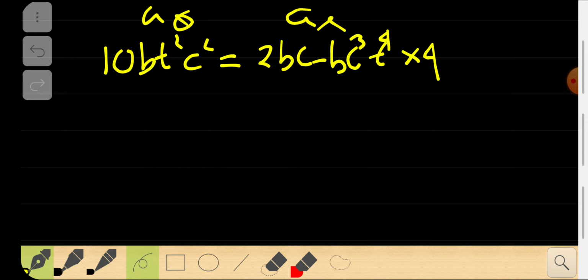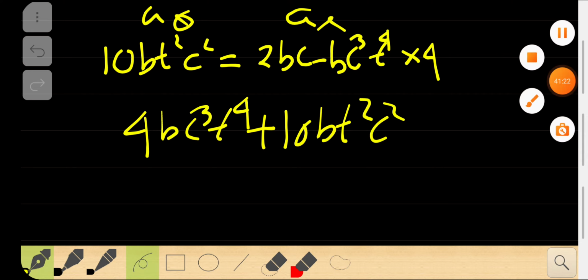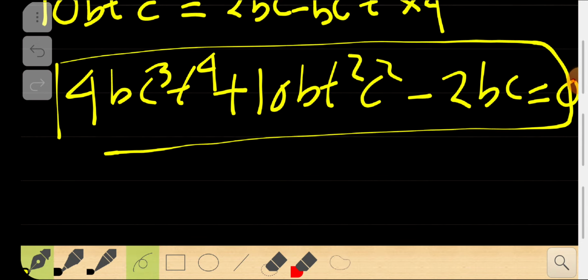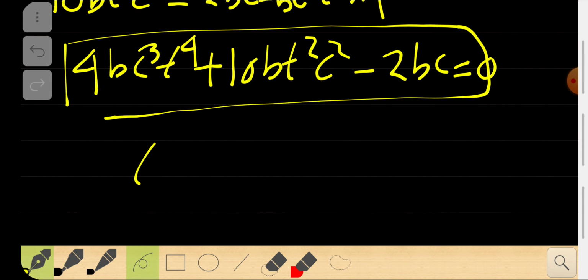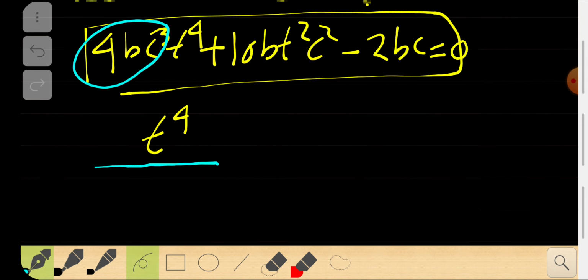You can rearrange this equation in a simpler way, and you can write 4bc cube t raised to 4 plus 10b t square c square minus 2bc will be equal to 0. I just rearranged that, and now I can simplify this by dividing the whole thing by 4b c cube.